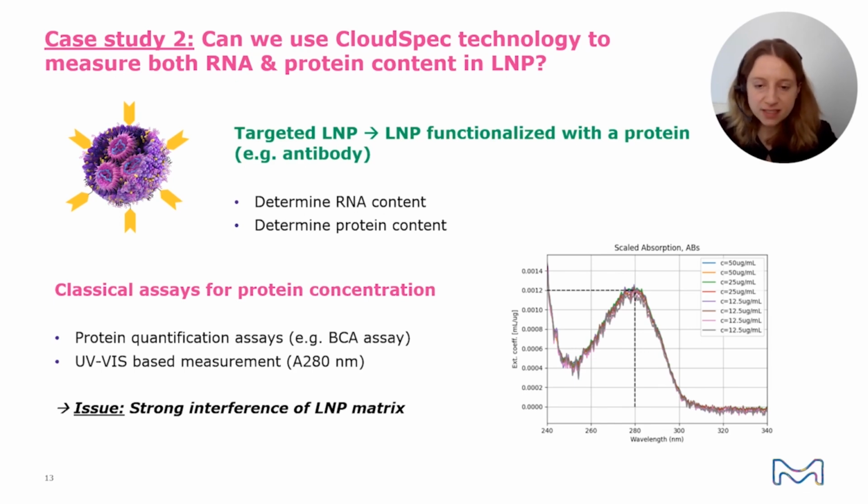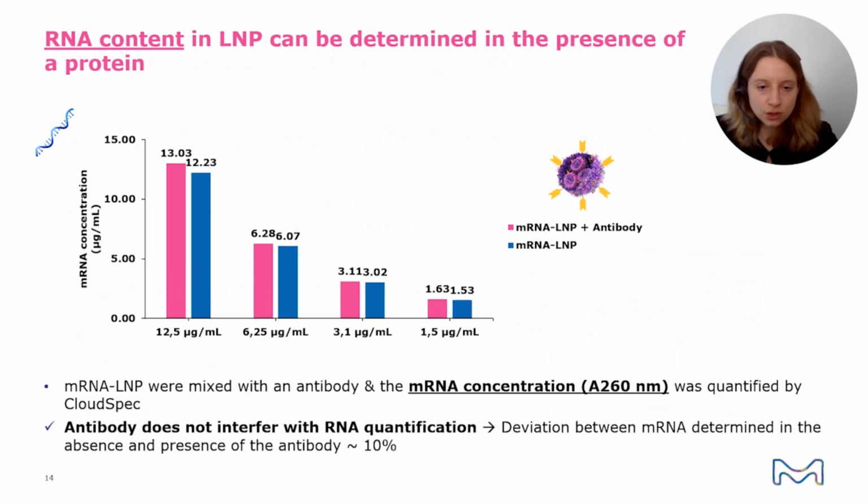But what we have seen in the past is that both of those assays show a strong interference with the LNP matrix, and a lot of times you do not get reliable data for your protein quantification in the presence of the LNP.